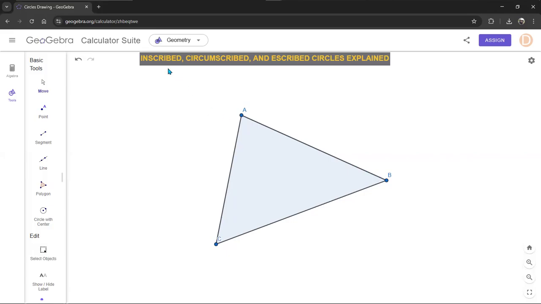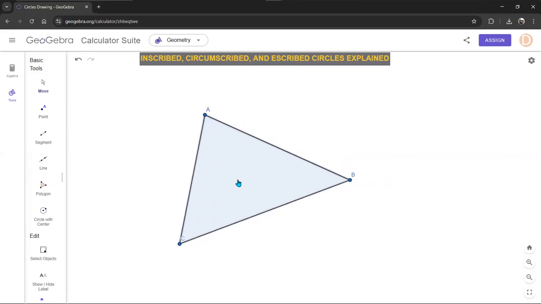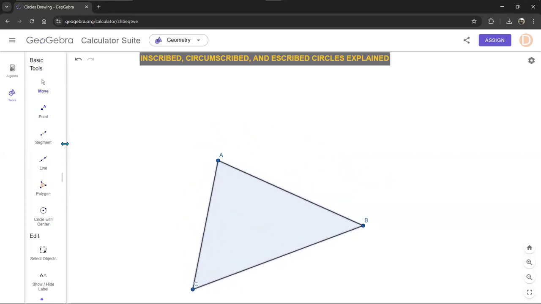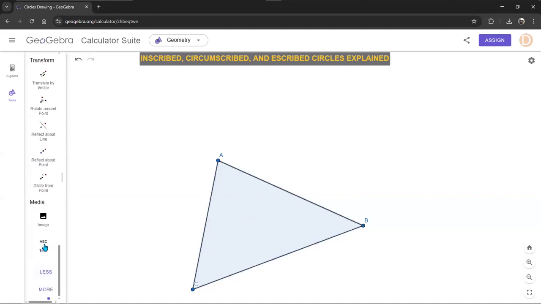So if we are going to start with the inscribed circle, we need to note something here for your go through.